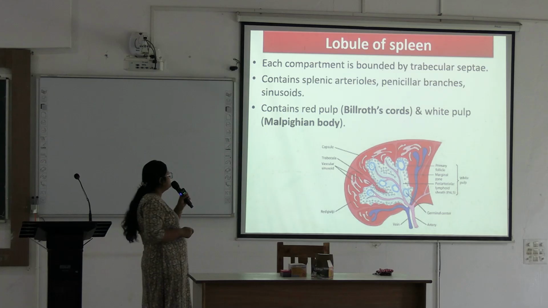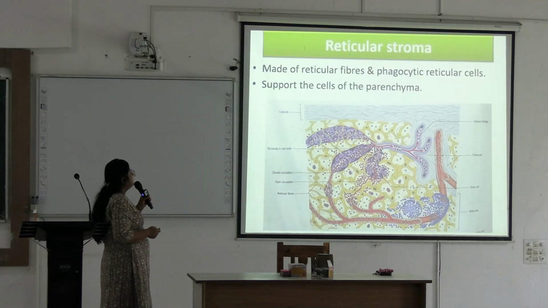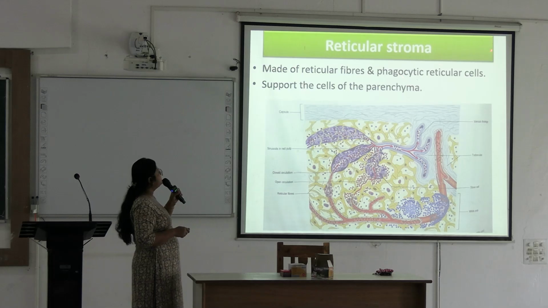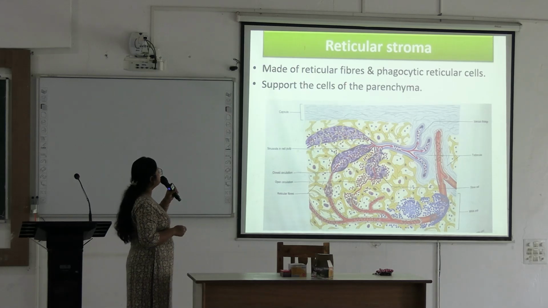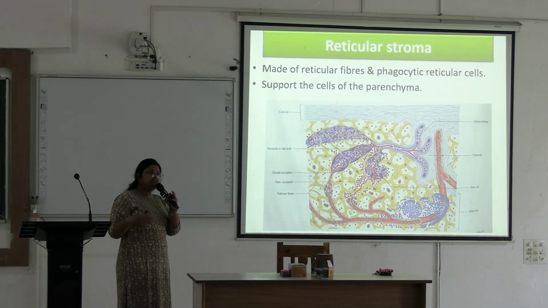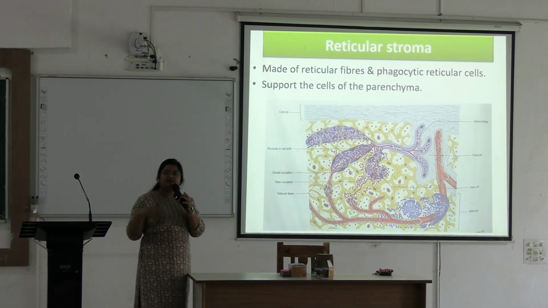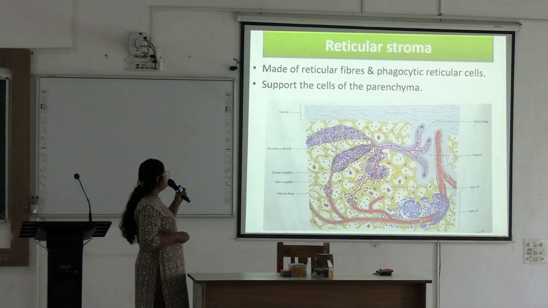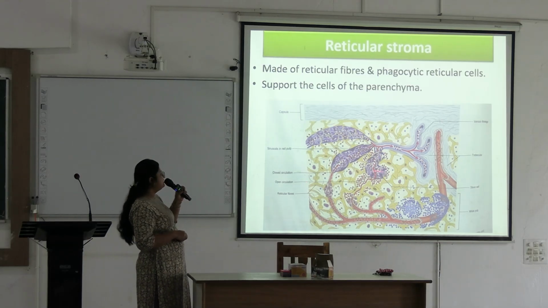Malpighian body. So what is reticular stroma? It is made up of reticular fibers and phagocytic reticular cells and it supports the cells of the parenchyma. See, these are the reticular cells, the yellow colored cells you can see. All of them are joining with each other to form a net-like structure. Within this network, the cells are lying.